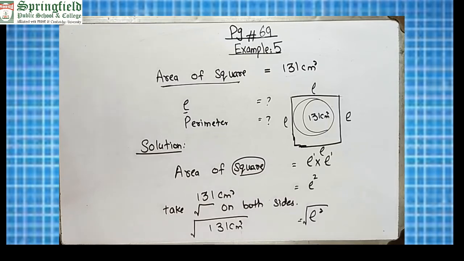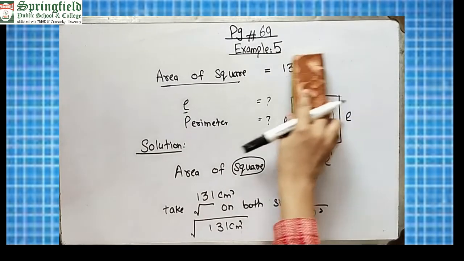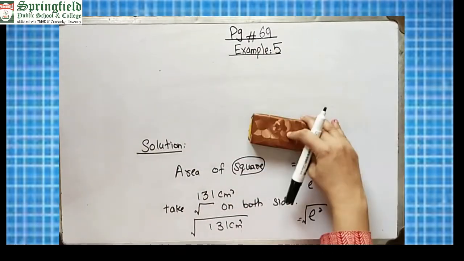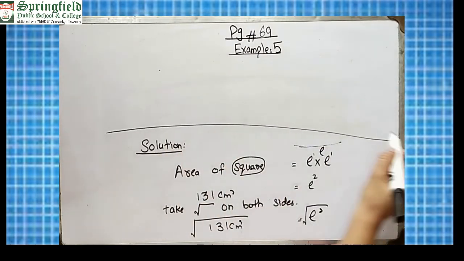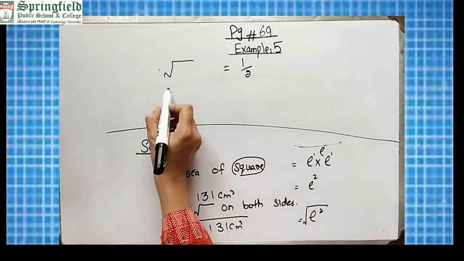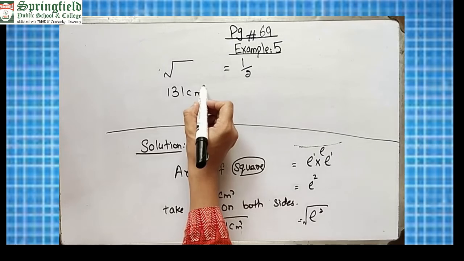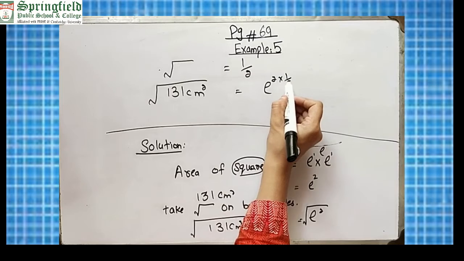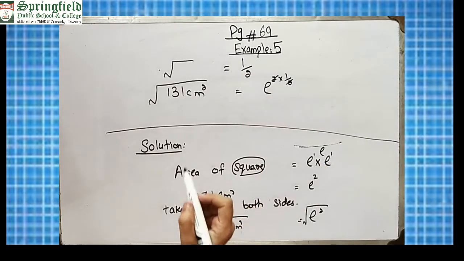Fine. Now, as we know, the square root is equal to power 1 by 2. Write down the value of under root. So it will become 131 centimeter square to the power 1 by 2 is equal to L square to the power 1 by 2. So 2 can be cancelled with the 2. Now find out the square root of 131.